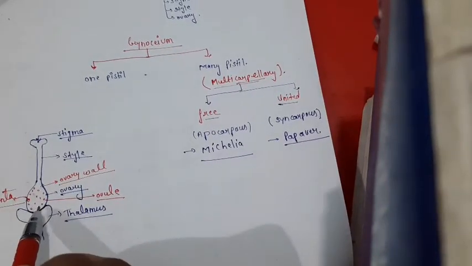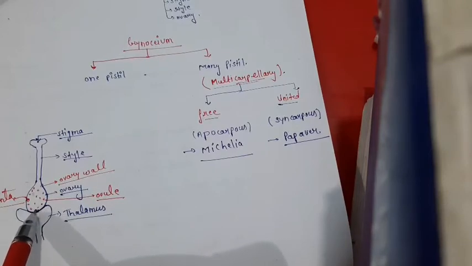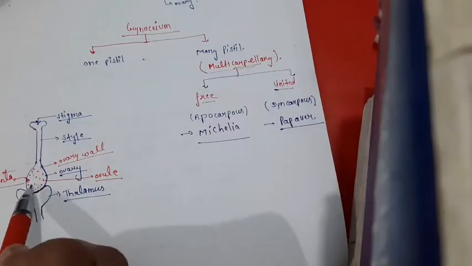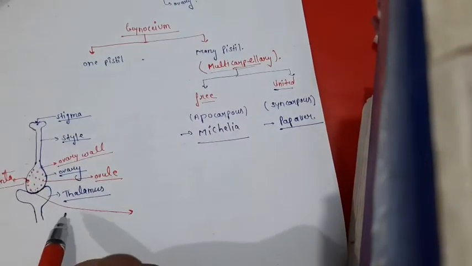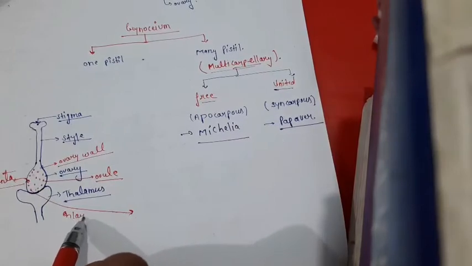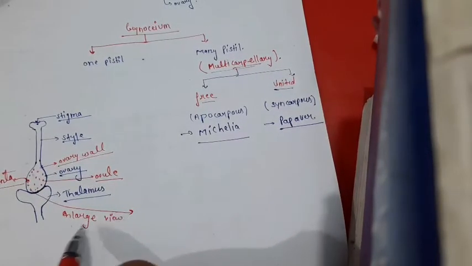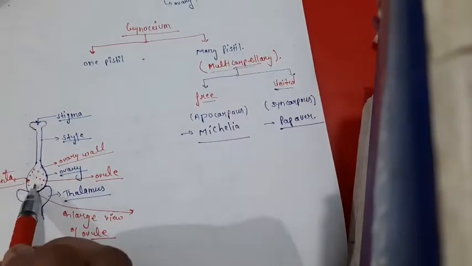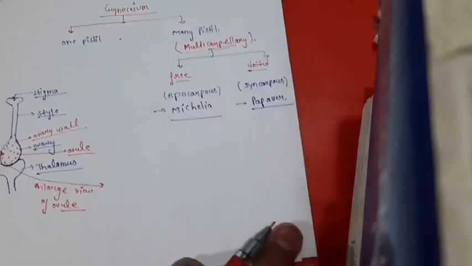Now we will see the enlarged view of ovule. This small part, ovule, you can see the enlarged view of ovule here.